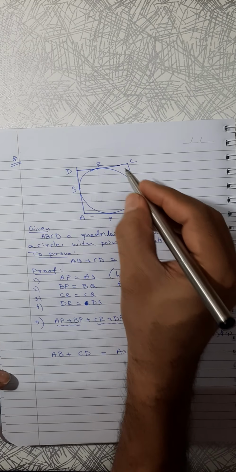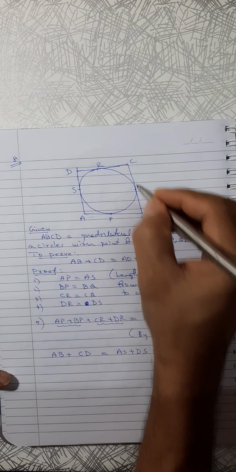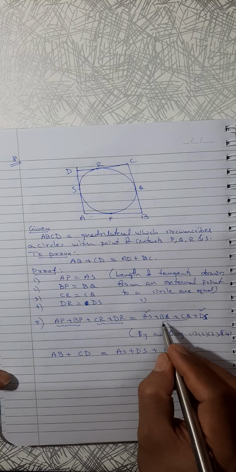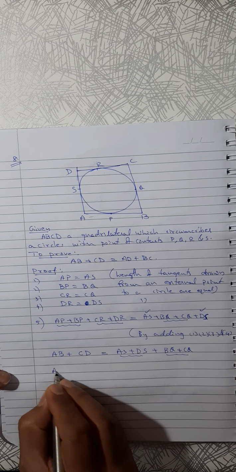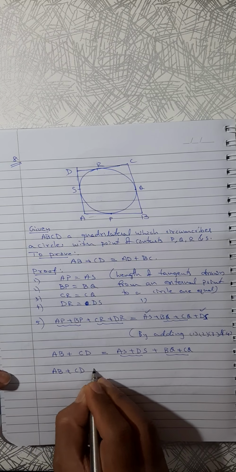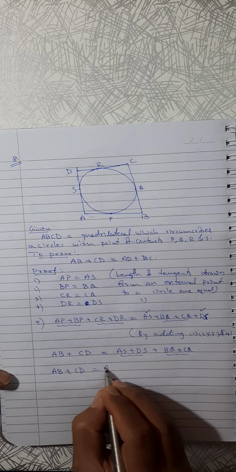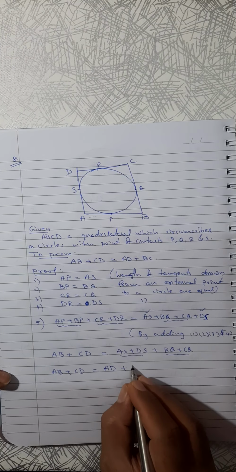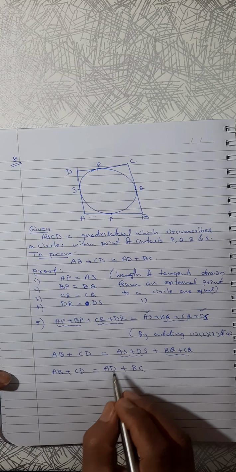BQ plus CQ, clubbing these two together. So here it is becoming AB plus CD is equal to AS plus DS, AS plus DS is AD, plus BQ plus CQ. BQ plus CQ is BC. That only we need: AD plus BC.